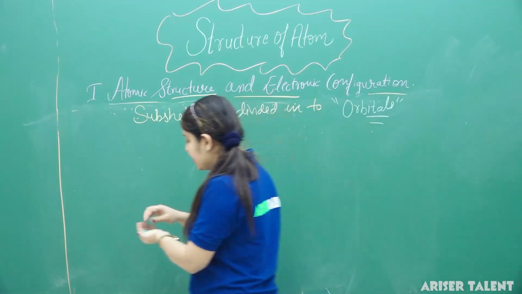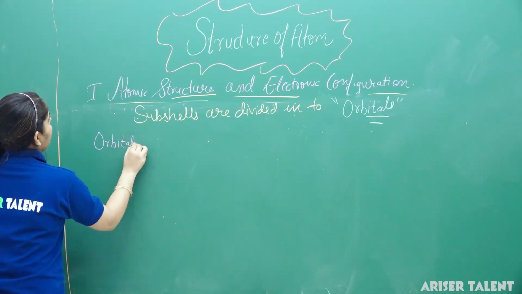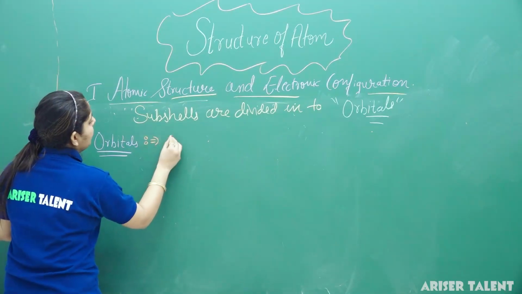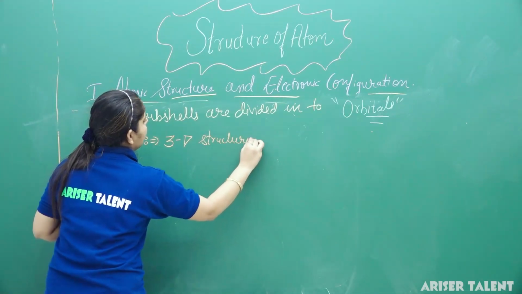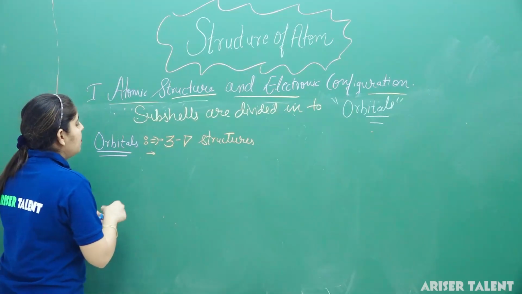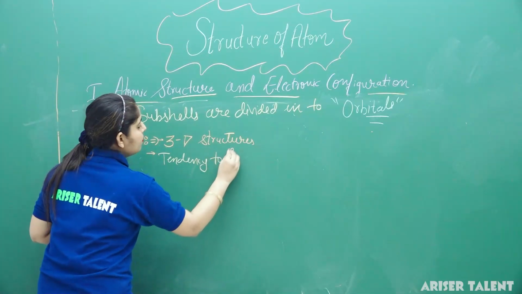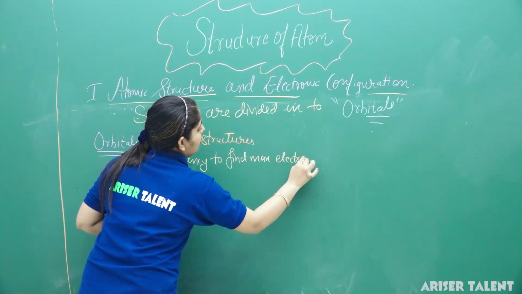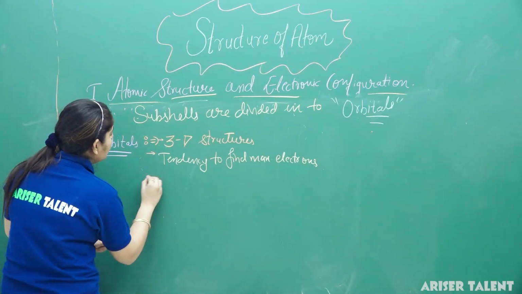So orbitals are actually 3D structures in which there is a tendency to find maximum electrons. And the maximum number of electrons present in any orbital will be 2.